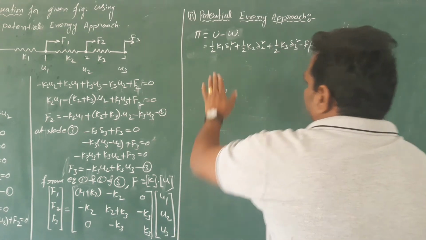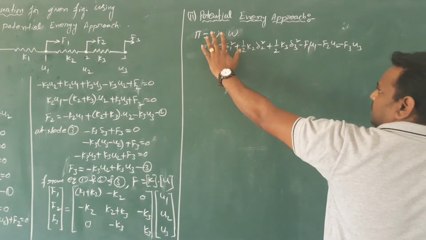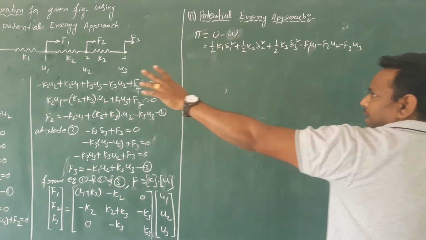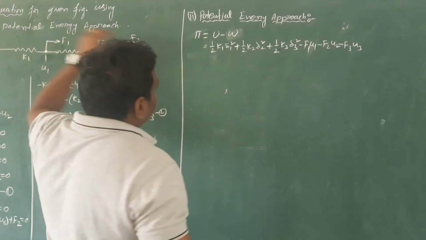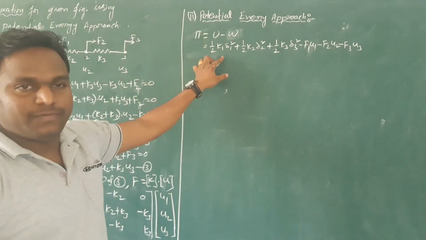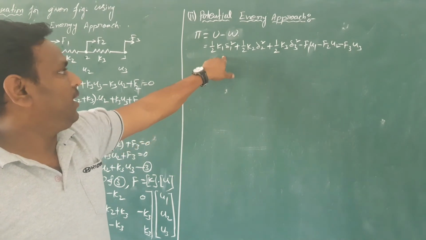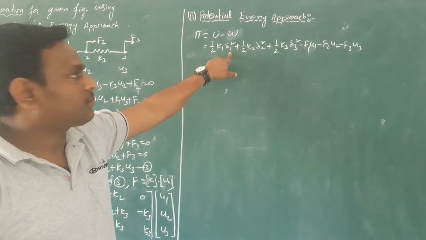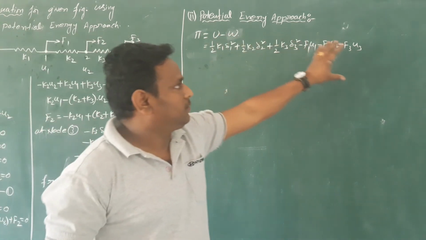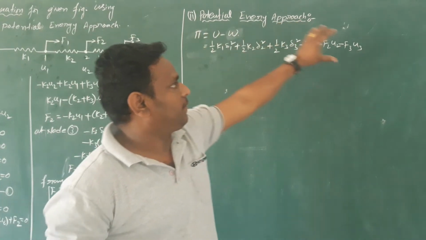This is the strain energy in each element. At element 1, strain energy is equal to half K1, the stiffness, into its deflection square.